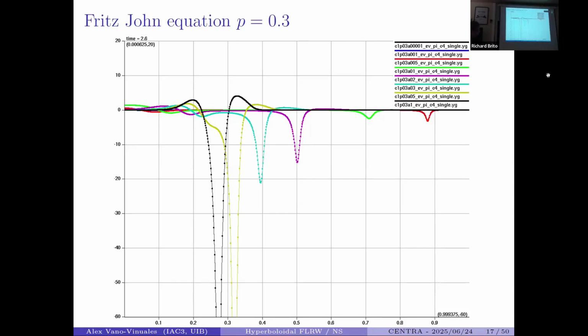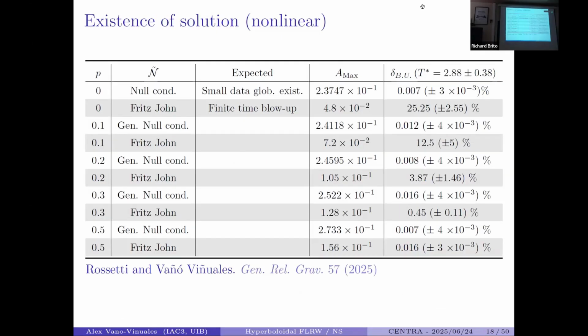And then the results we obtained between p equals 0 and 0.5 are summarized in this table. So this is mean Cauchy. For the null condition, we have small data global existence, and for the Fritz John case, there's a blow up at finite time, no matter what the amplitude.